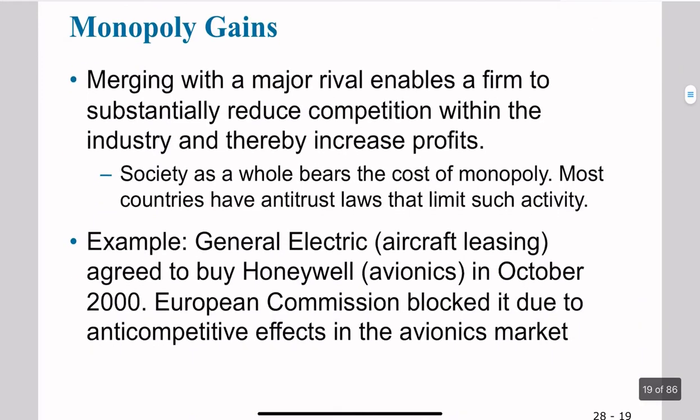And then there are also monopoly gains. The economic argument here is that if two firms merge together, especially in a horizontal merger, that is, these two firms belong to the same industry, then they will reduce the competition, right?